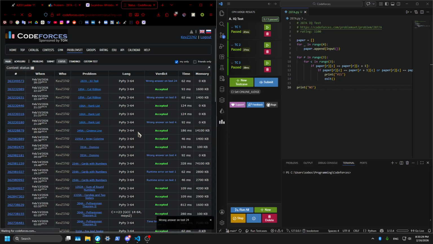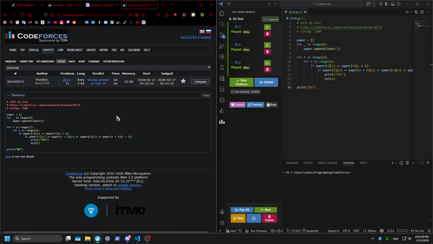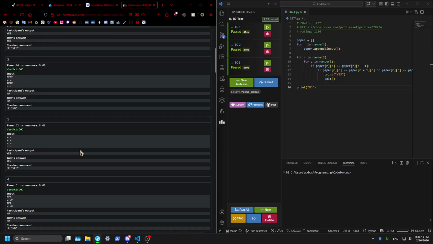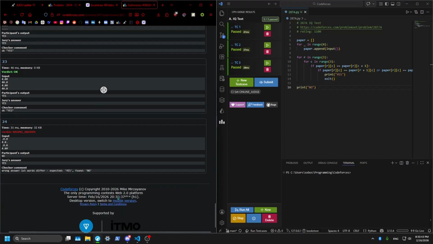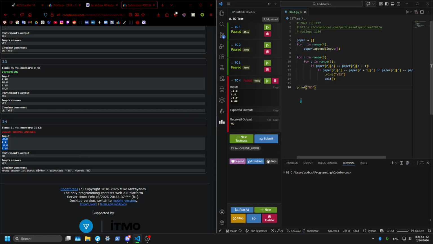Wrong answer on test 24, what could that be? I guess a case where it's all empty? Or where it's alternating? Or I don't even know. Alternating the last one. Oh, I didn't even think of this case. I give no, but it's yes because of here. Because we're looking at these first.